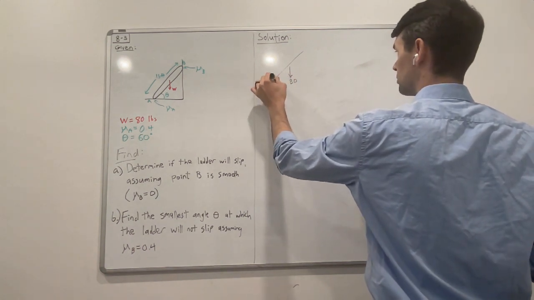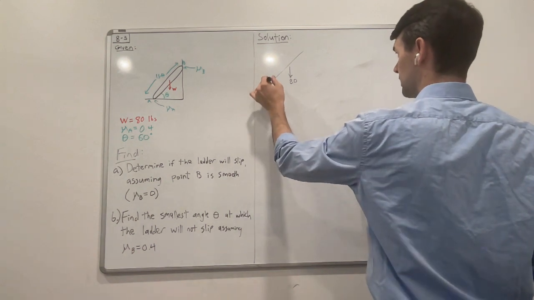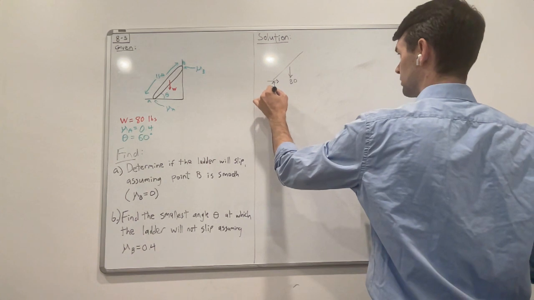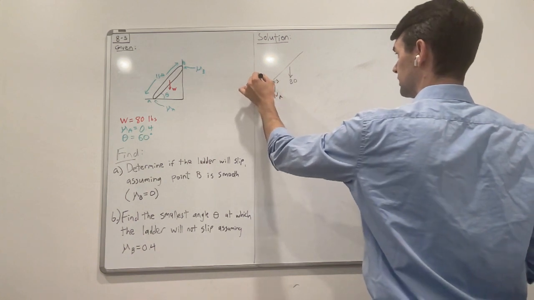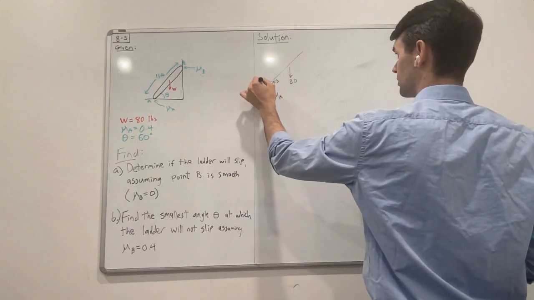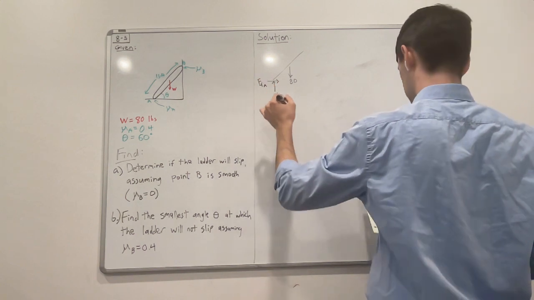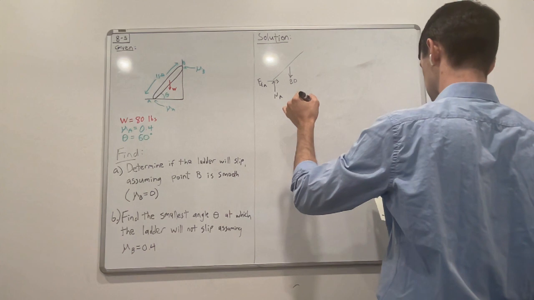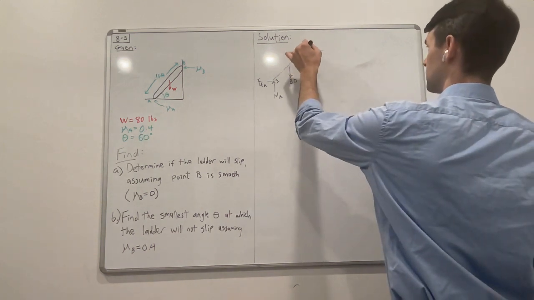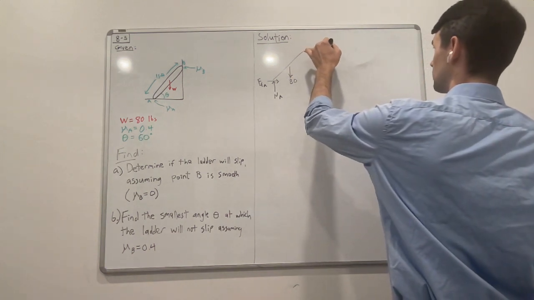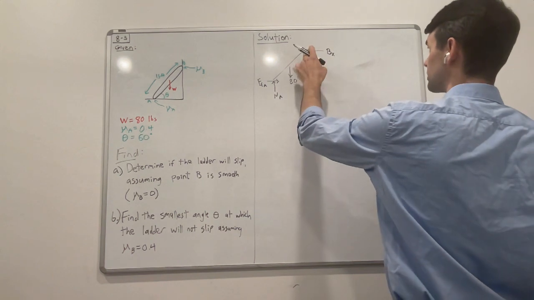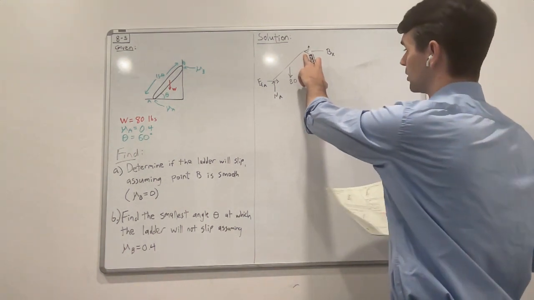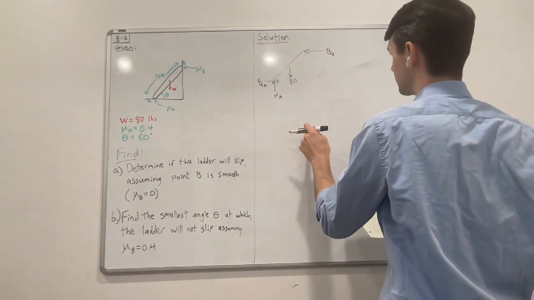Then we're going to have a normal force at point A, which we'll call NA, and the friction force, which I'm going to call friction A. And then we're going to have a normal force at the wall that we'll call Bx, and there is no friction force at point B in part A because we're assuming that it's totally smooth.